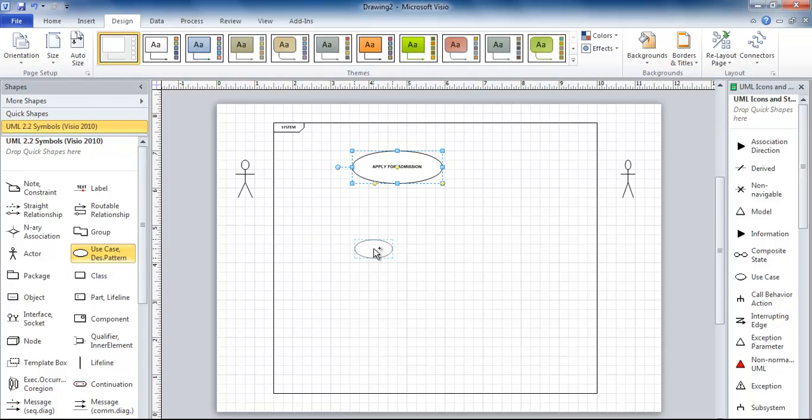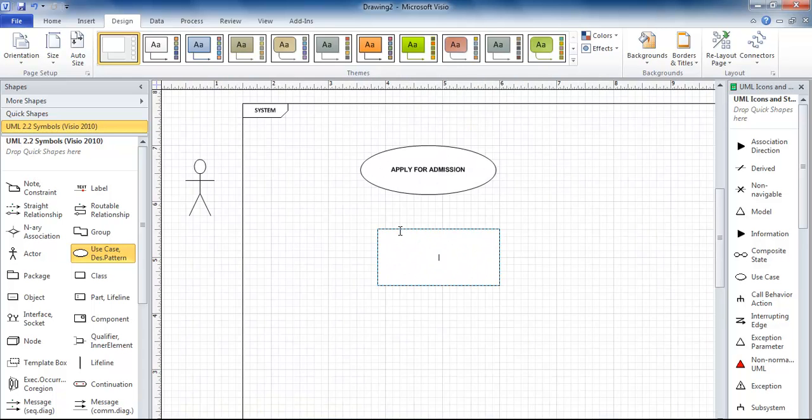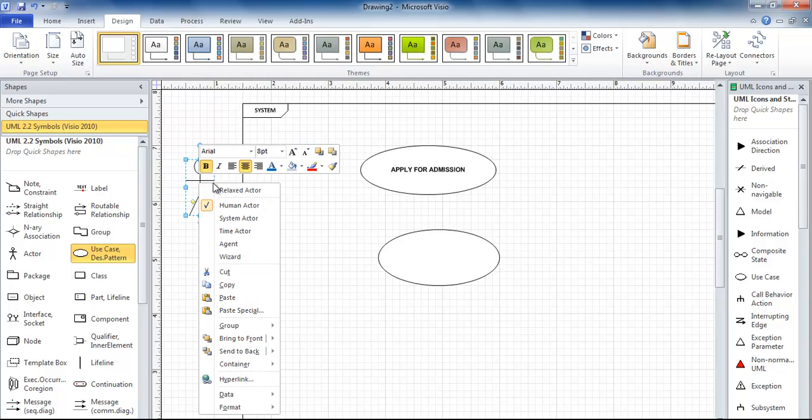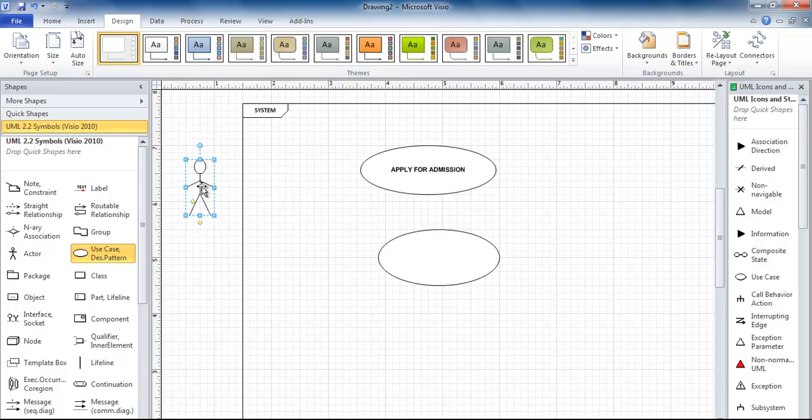You can drag it from here and you can keep it here. Double click it to enter something, whatever you want, depending upon what your requirement is from that system. This is a user, and as you can see, when you right click, you can make many changes. You can make it a relaxed actor.